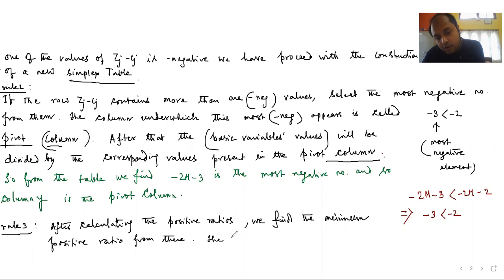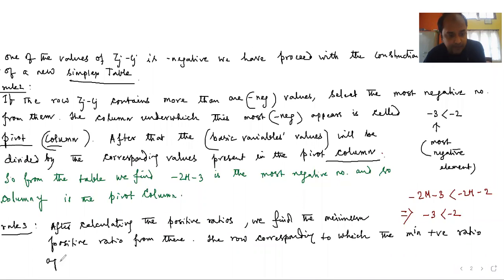The row corresponding to which the minimum positive ratio appears is called the pivot row.